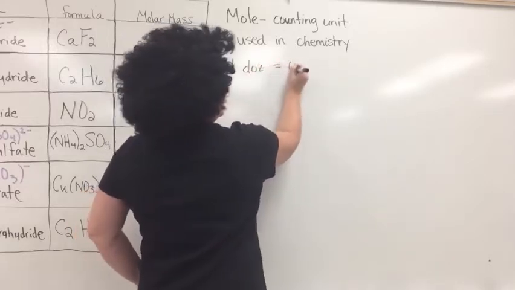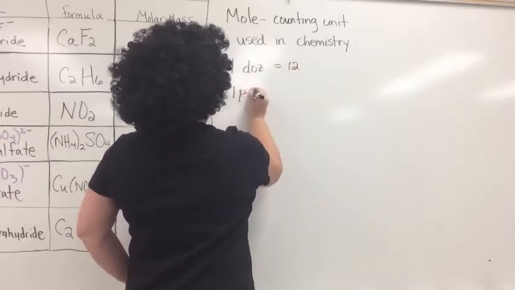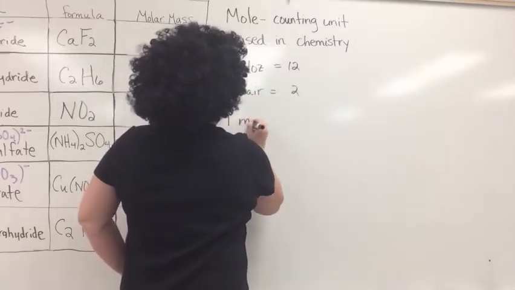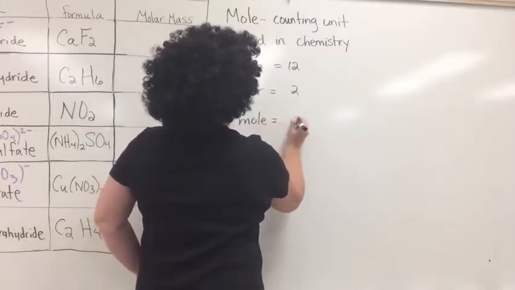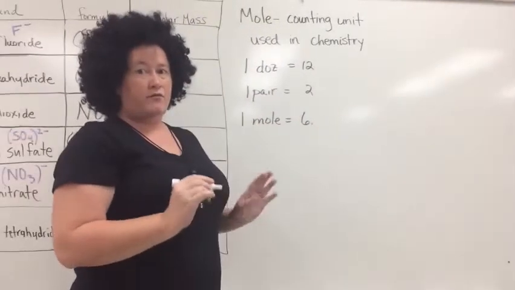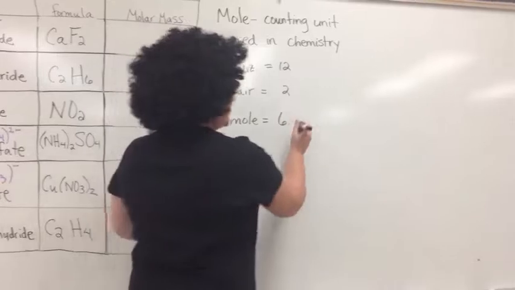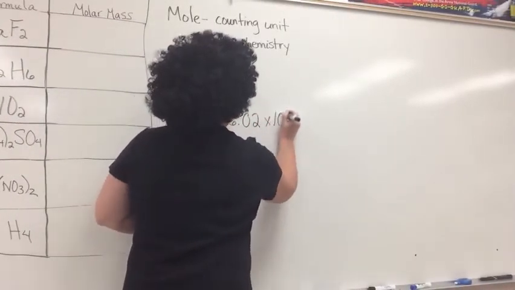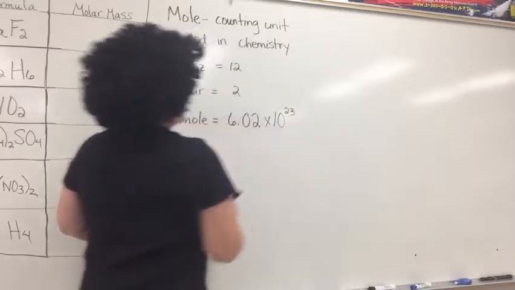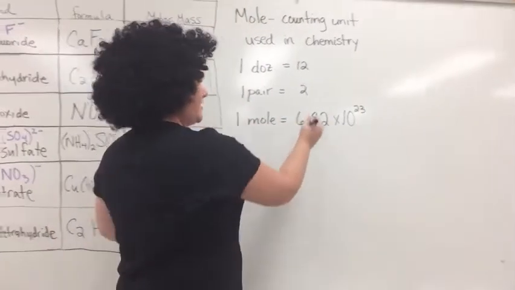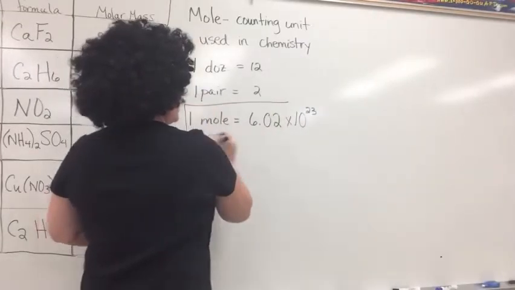So 1 dozen equals 12, 1 pair equals 2, 1 mole is equal to, wait for it, it's a really big number, 6.02 times 10 to the 23rd.